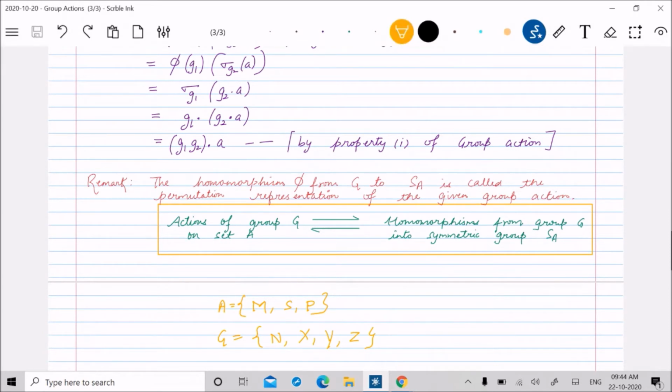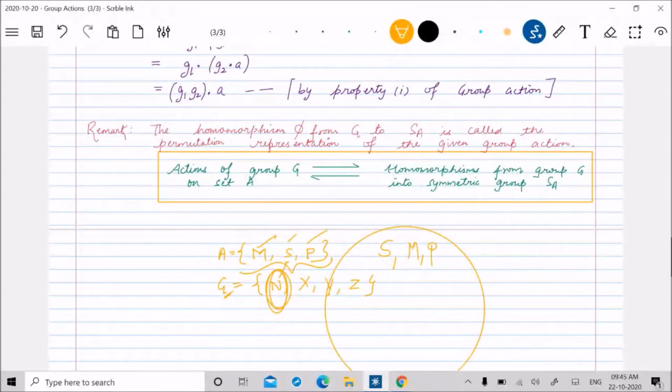Sometimes Mridul sits in first place, Shreya in second, and Priyanka in third, which is the actual sequence. And sometimes due to the entrance of a faculty, the sequence gets changed. Shreya sits at the first position, then Mridul at second, and Priyanka at third. Is that possible, right? So it means that when n, an element of group G, is acting on this set, the sequence gets disturbed and becomes SMP.